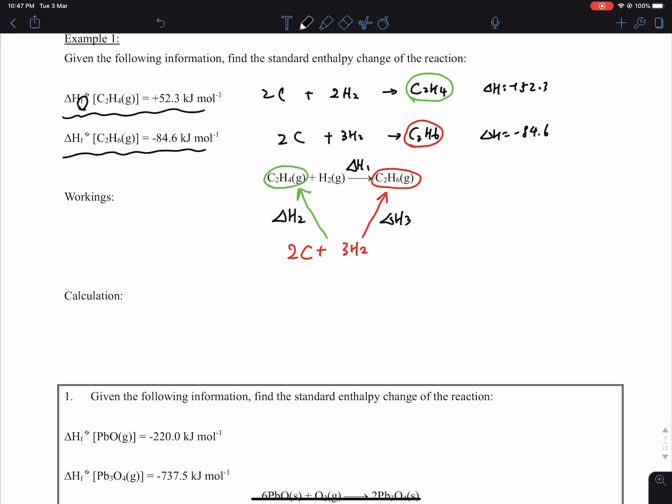Do you still remember how to calculate by using the enthalpy change cycle? We need to find a common starting point and a common ending point. From my point of view, this is the common starting point, and that one is the common ending point, because we have 2 routes, just like what we experience in MTL.